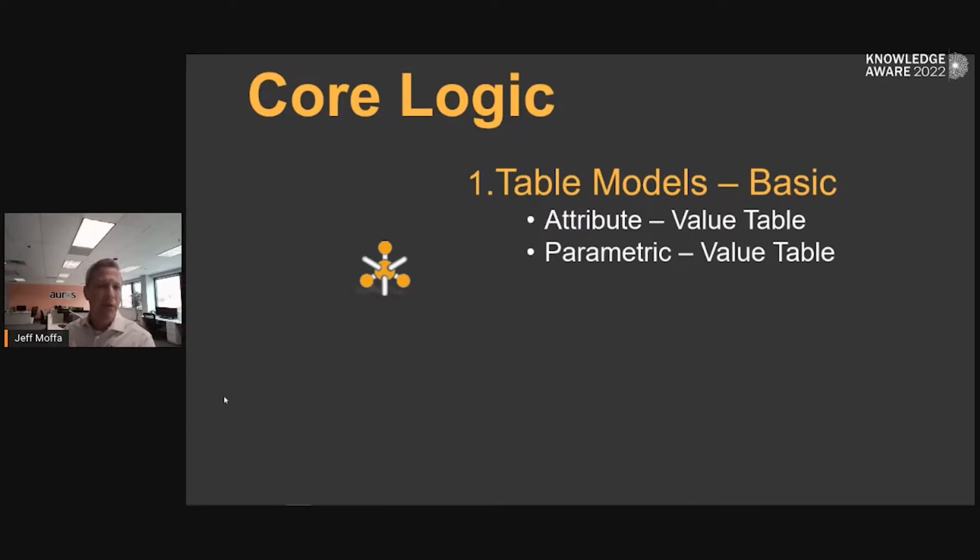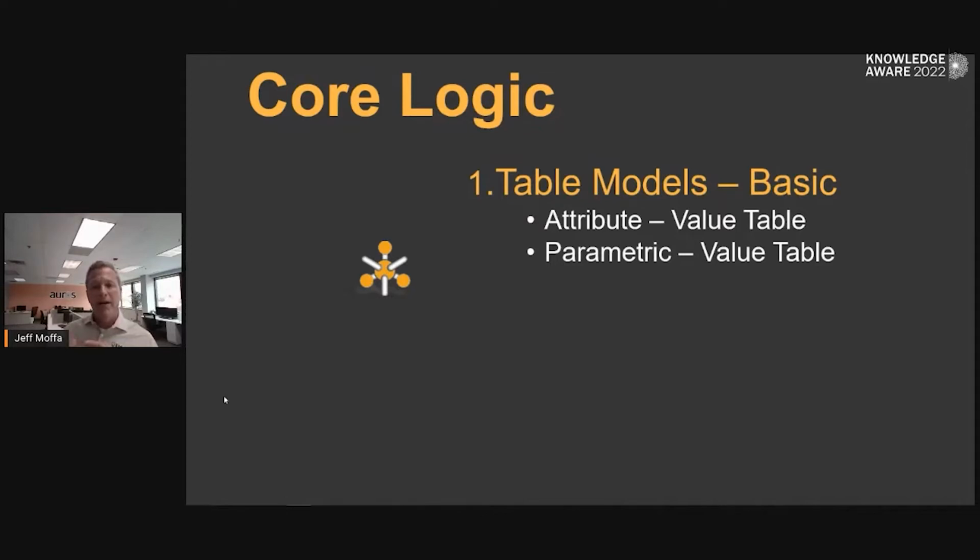Very basic, simple, but very powerful. And of course, the parametric kinds that drive or check CAD models or CAA experiments and things like that. With these table models that you can author in a basic knowledge packet in Auros IQ, you can encapsulate or model a wide variety of knowledge. And each model can work in conjunction with other models through parameter relationships to produce more complexity, bottom-up complexity.